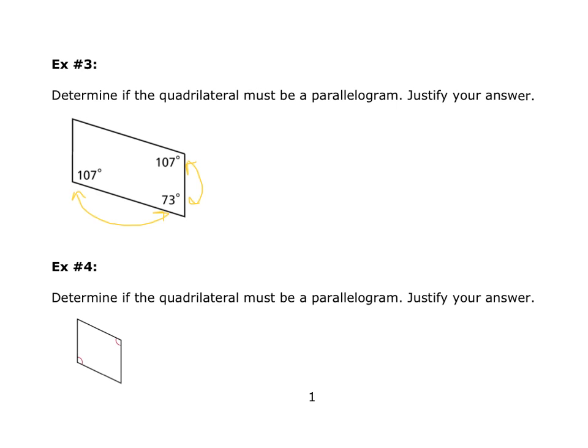If I do the math here, if I add 107 to 73, I do get 180 degrees. So I can now justify that it's a parallelogram. I'm going to write something like, determine if it's a parallelogram, yes. My justification is one angle is supplementary to both consecutive angles.